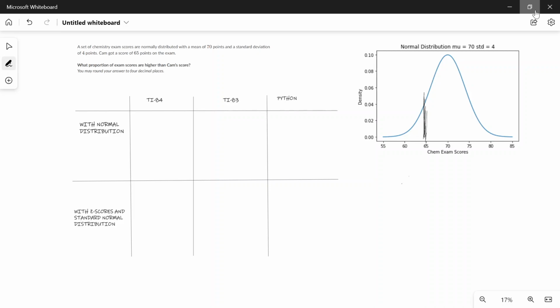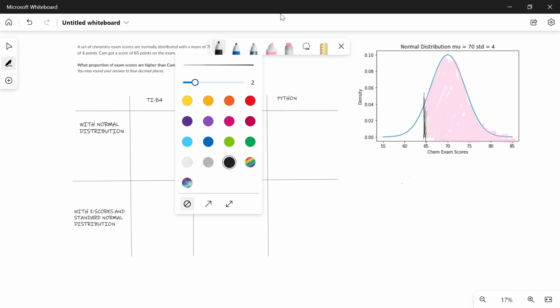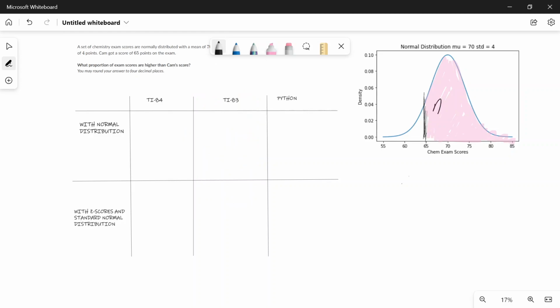And they want to know what proportion of exam scores are higher than that of Cam's. So basically, this is the area under the curve that they want to calculate.